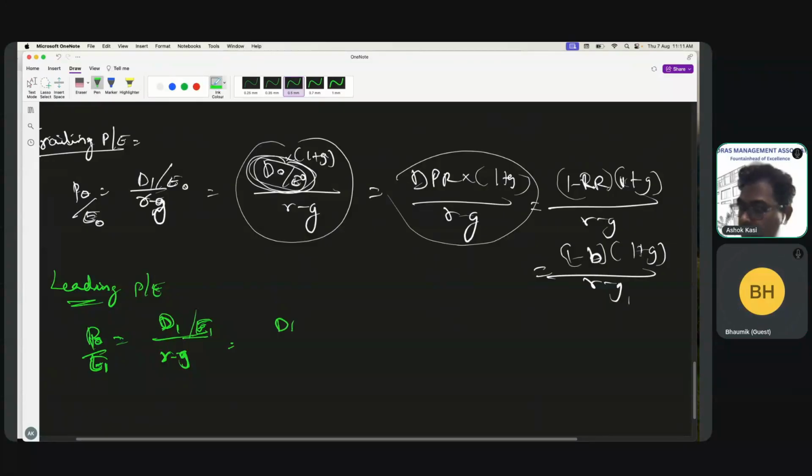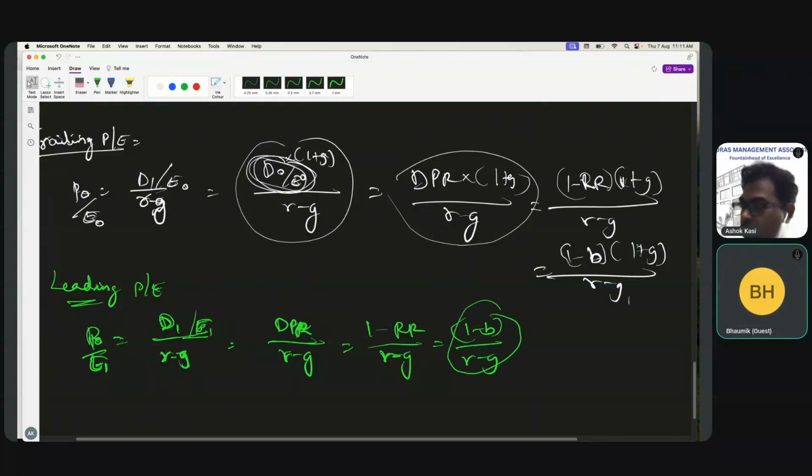So then D1 by E1 is the dividend payout ratio, divided by R minus G. So 1 minus B upon R minus G, that is 1 minus retention ratio. So this is the difference: in the leading one, 1 plus G will not come.